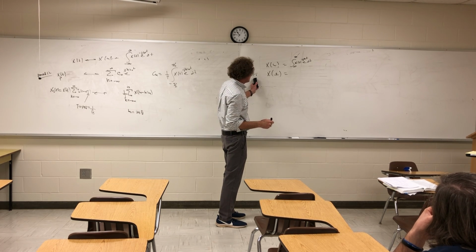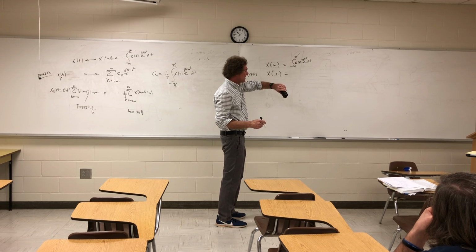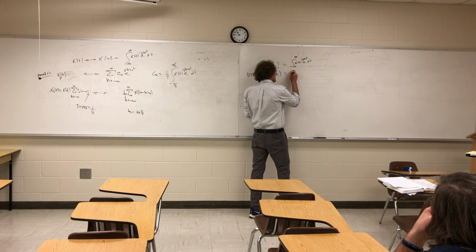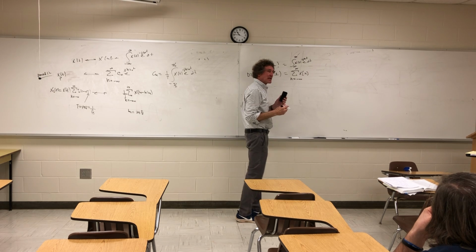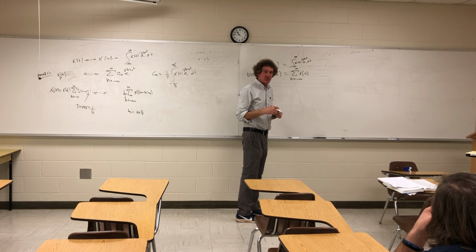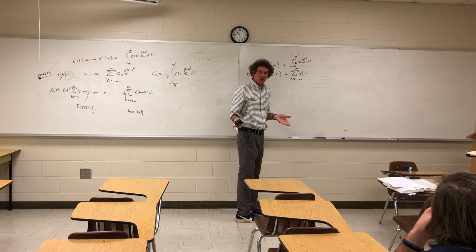The DTFT is really the sampled version of this. I'm out of time to prove this, but I just want to put it down. The DTFT is the sum from n equals minus infinity to infinity of x of n. Now, x of n is a sampled signal, and I didn't have time to really get through this, but you've had signals and systems, right? X of n is now a sampled signal value.